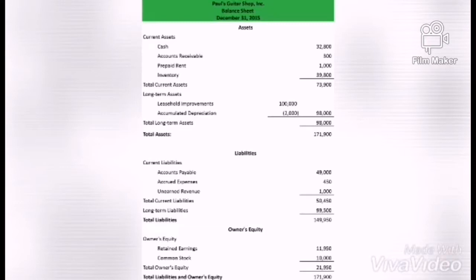The report form lists the three different sections: assets, liabilities, and owner's equity, one on top of the other. First, the assets section. Below that is the liabilities section, and next is the owner's equity.